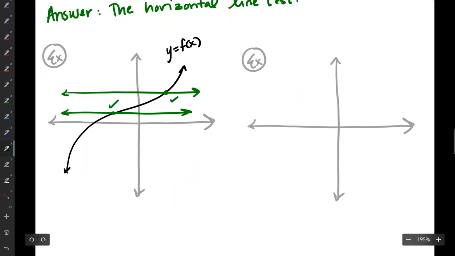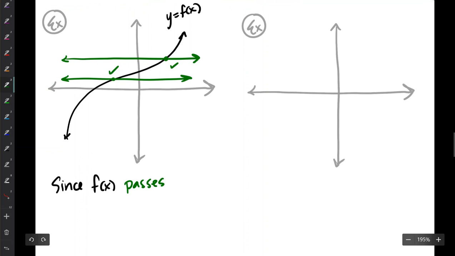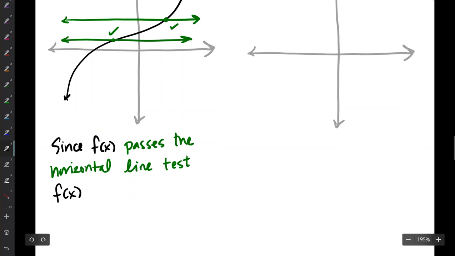So what does that mean? F inverse exists. Since f of x passes the horizontal line test, f of x is what we call one-to-one.